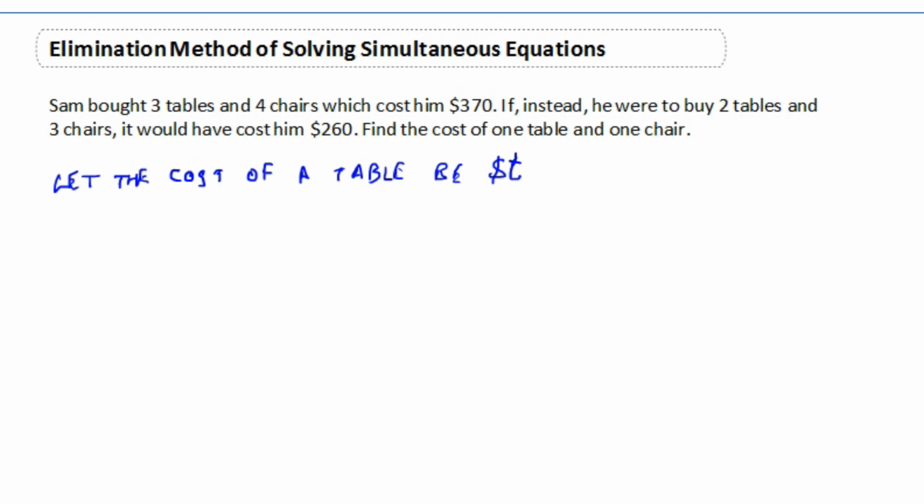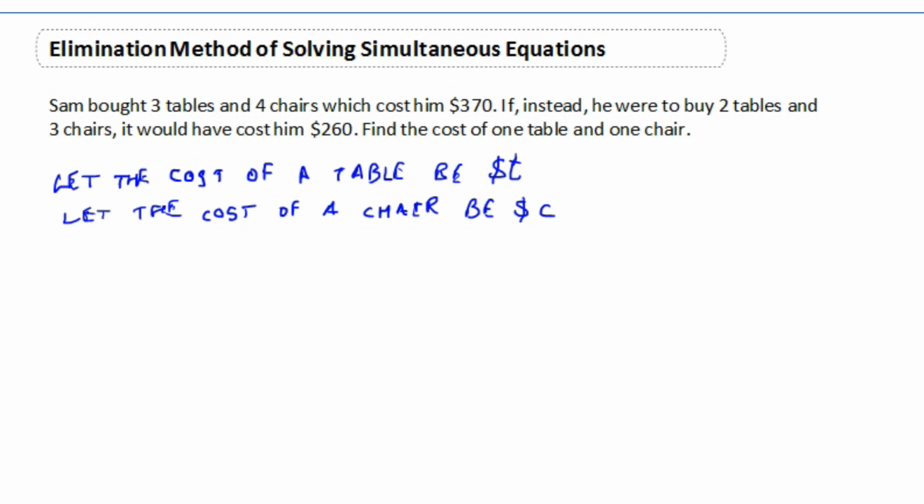Okay, so t is for table, and we'll say let the cost of a chair be $c. So t is for table and c is for chair.